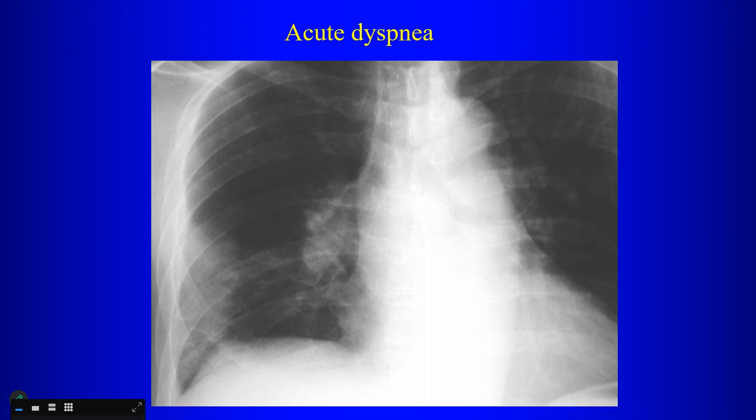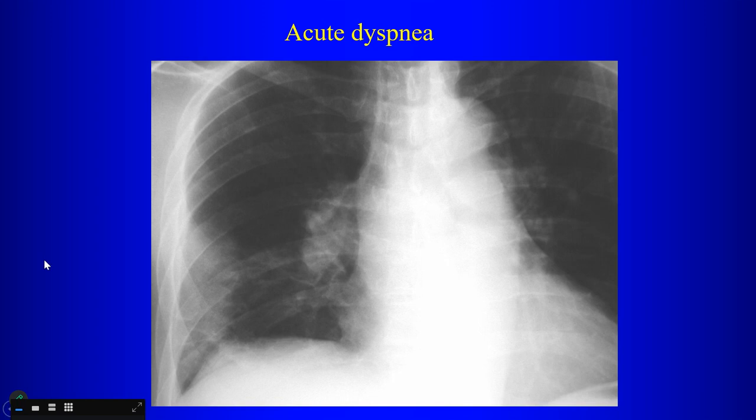What do you call the sign? You have an enlargement of the hilum here, but you also have a peripheral opacity, right? So each one has a sign. The enlarged hilum associated with PE is called the, what is that called? That's called the Fleischner sign.